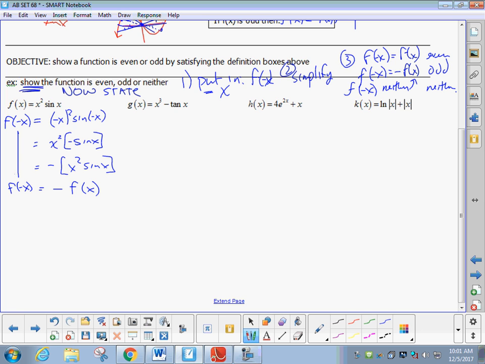So it seems like when I put in a negative x, I get the opposite of f of x, and that is the definition of odd. Okay? Try the next one on your own. Oops, not f, g.